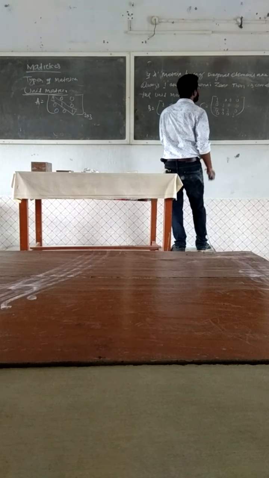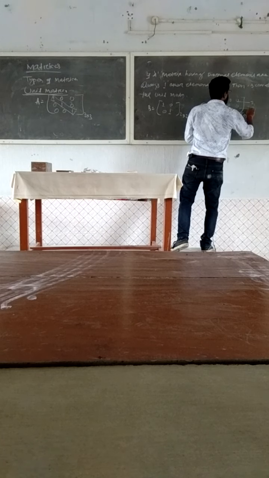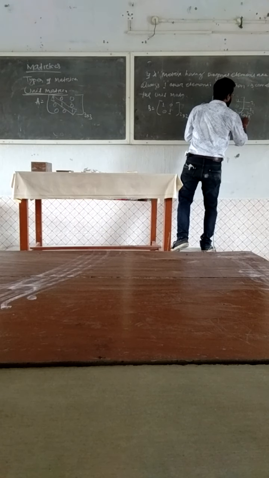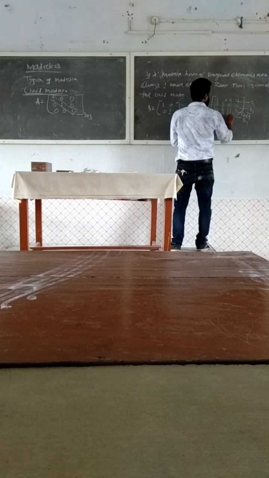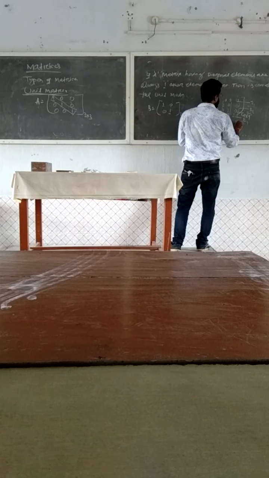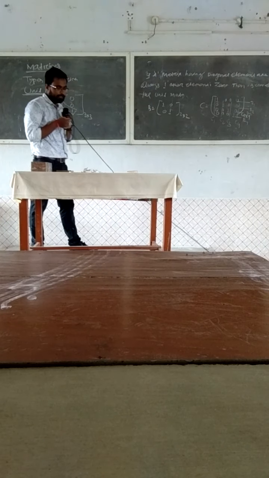This is a matrix of order 4 by 4. It has 4 rows, row 1, row 2, row 3 and row 4, and similarly 4 columns, column 1, column 2, column 3 and column 4. This matrix is known as the unit matrix.